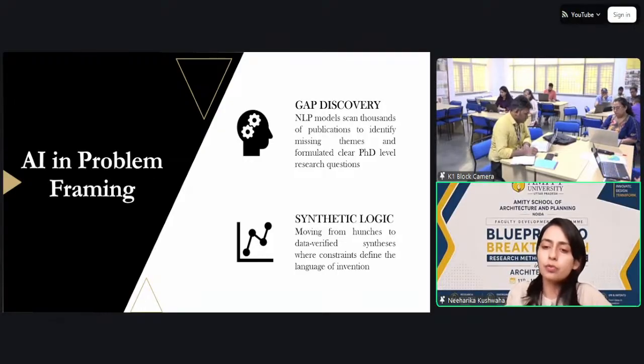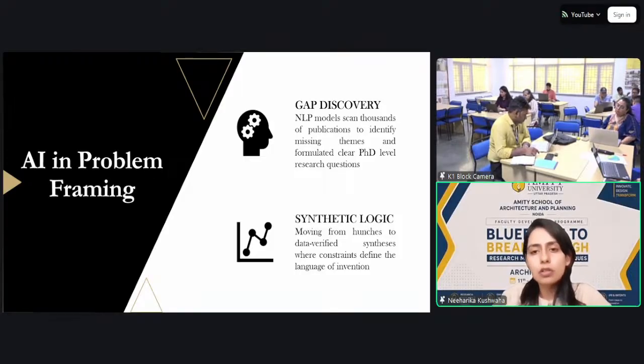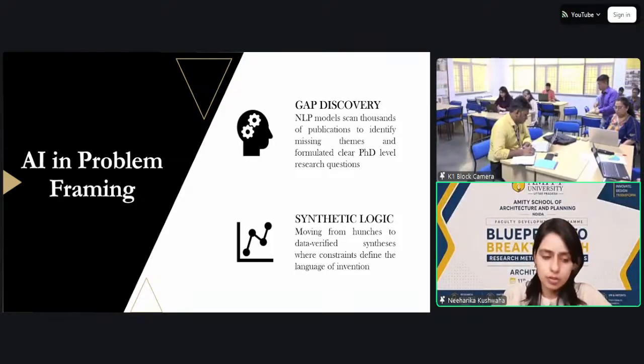That helps you move from just your hunches to a data-verified synthesis of where the constraint lies. What kind of research is being talked about? What are the pros and cons of it? Where is my research domain divided into? What are these topics? Is it for my topic? Is it against my topic? All these areas are being supported by certain AI tools.